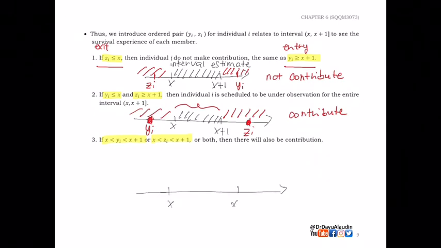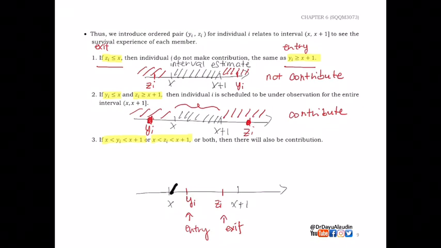So this is the interval estimate, x to x plus 1. yi here, and zi also in between x and x plus 1. Remember, zi must be after yi because yi is the entry age and this one is the exit age. So the entry age must be before the exit age.